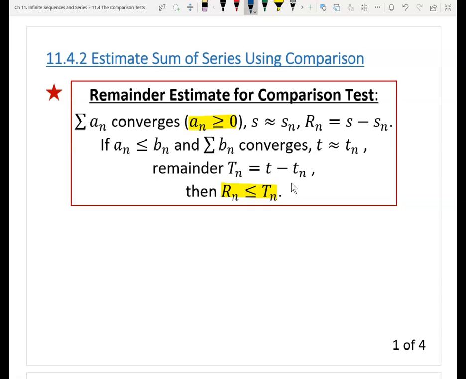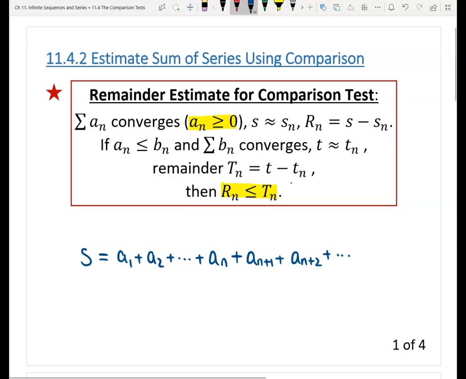We look at the A series, which is the one we want to estimate. Let me use S to describe the sum of the series A. So S should be A1 plus A2 plus and so on up to An, and then continue An+1 plus An+2 and goes on.